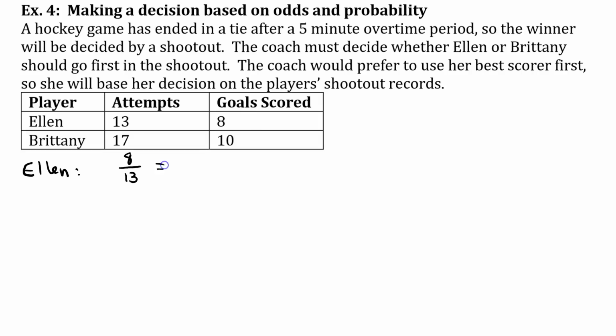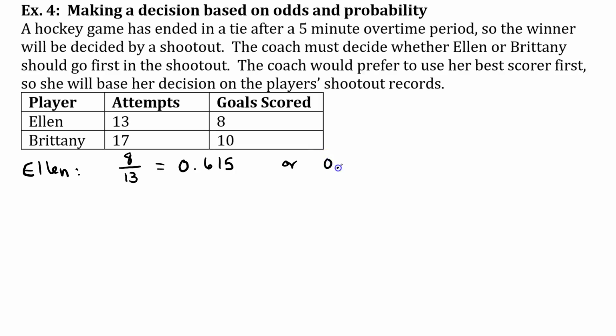So when I convert that into a decimal, 8 over 13, the actual 8 over 13 doesn't help us all that much, but when we convert it to a decimal, we have 0.615. Okay, on a provincial exam, we could leave it as 0.615, or we could use more of a decimal.